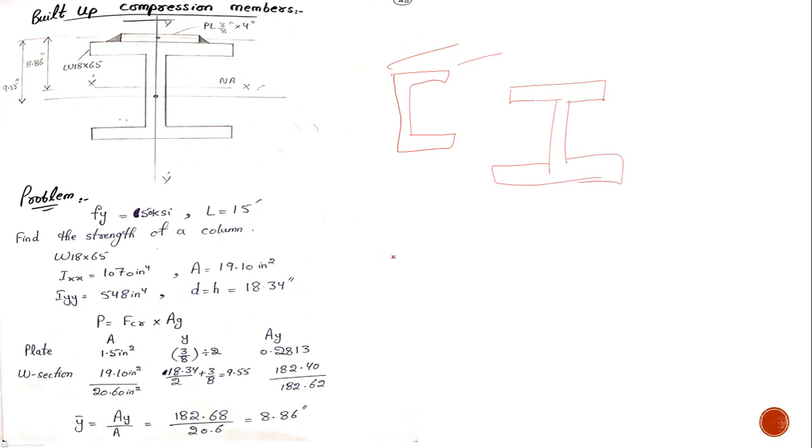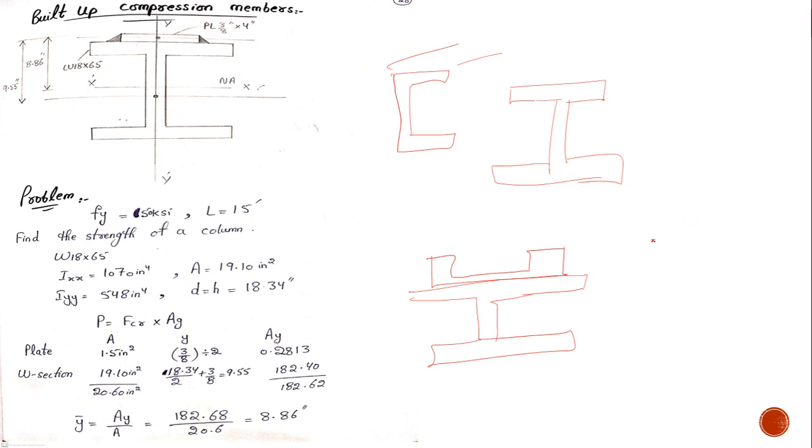So we can assemble two or three sections to meet our demand. For example, we can fabricate a section that comprises a channel and a W section. So this would be a built-up member.